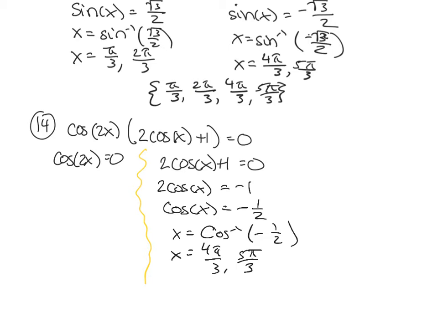However, we now have to deal with this other side with a double angle. So when I use my cosine inverse here, we get 2x is equal to cosine inverse of 0. Or for 2 full rotations, at what angles are the x values 0? For our first rotation, we get pi over 2 and 3 pi over 2.